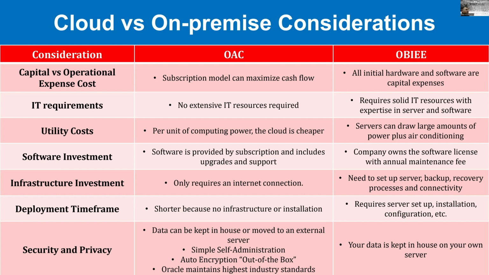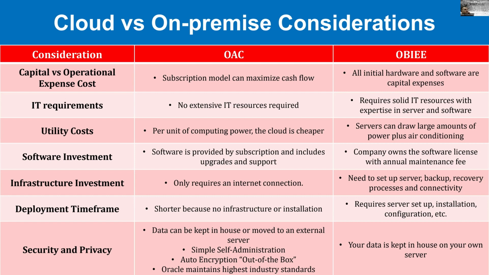With utility costs, this was something that I hadn't considered early on until we got into doing cloud projects, was the per unit computing power, that cloud's cheaper overall. I know a lot of people are proud of their server rooms, and we love walking in the nice ice cold server rooms, but at the end of the day, there's a lot of power consumption that goes along with that. There's a lot of heat generated.